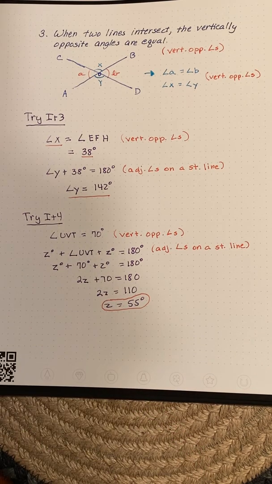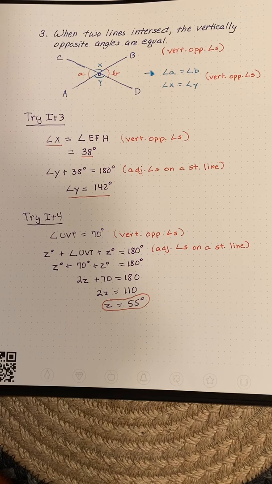Okay, now let's go to a little more challenging problem. This one deals with angles meeting at a point. So we would assume it would be 360, but not always, as the case will prove to be. Try It number 4. Again, look at the diagrams carefully.